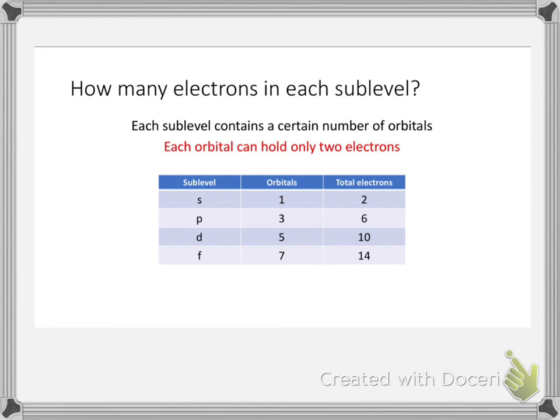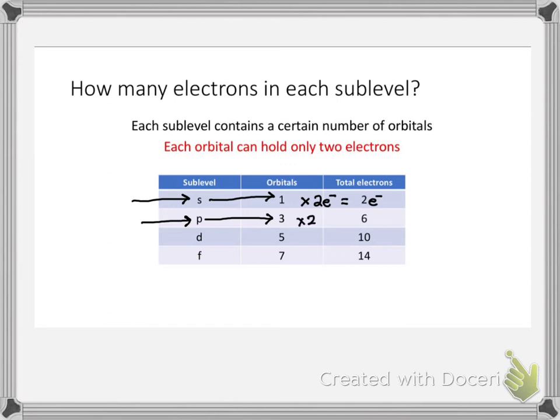So in this slide, I tried to fit in electrons, like total electrons with the sublevels and orbitals. So anything that has an S, remember, can only have one orbital, and every orbital can hold 2 electrons. So anything that has an S can hold 2 electrons maximum. If you're in a P sublevel, remember, they get to hold 3 orbitals.